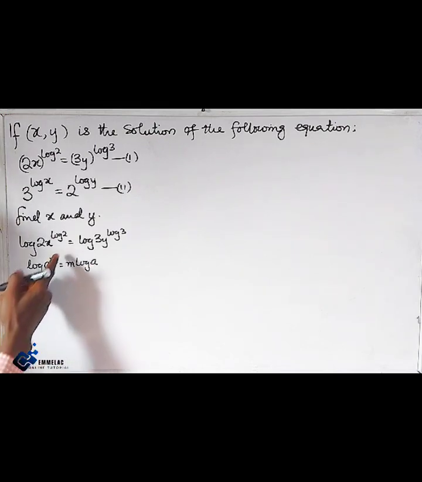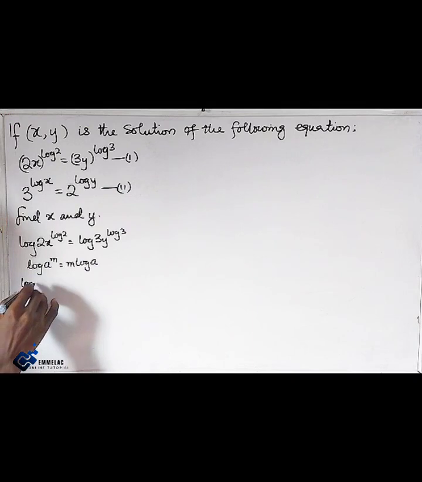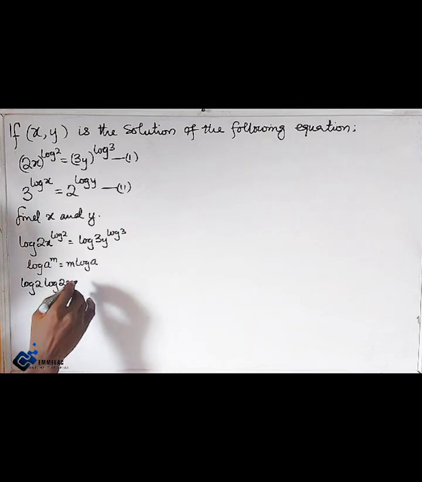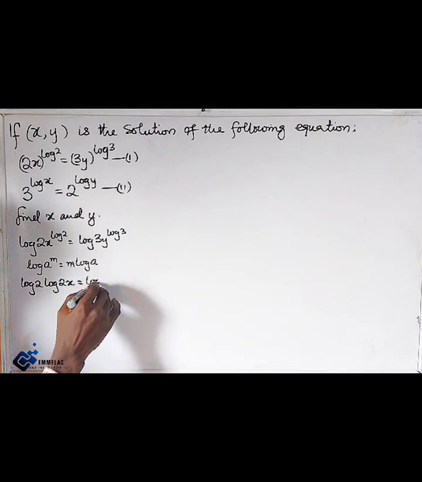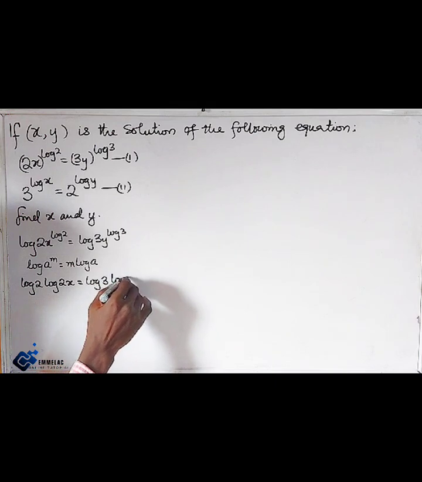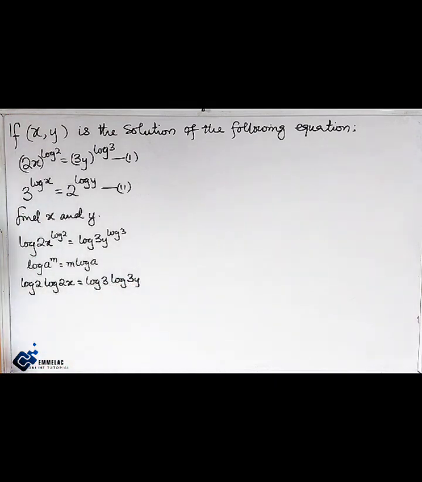Now applying this rule to the above equation, we have log 2 times log 2x equals log 3 times log 3y.